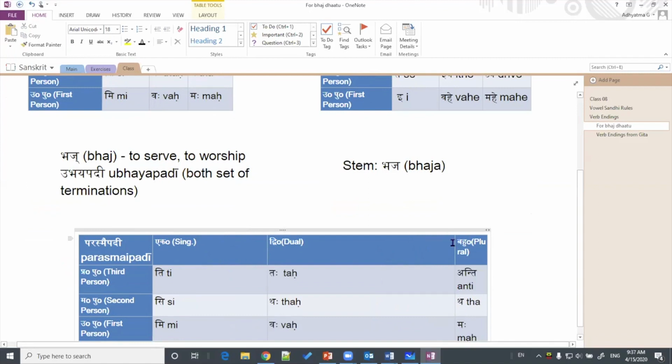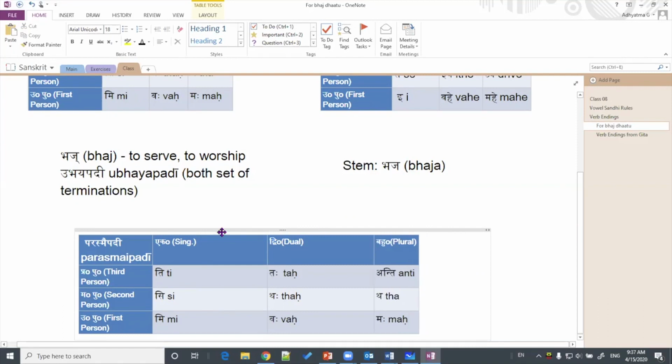Even though you have already studied Parasmaipadi endings, just so that it becomes clearer, we'll do it again.